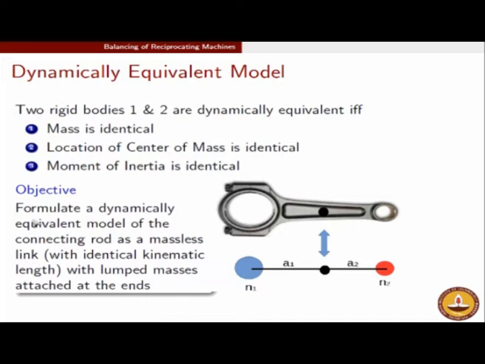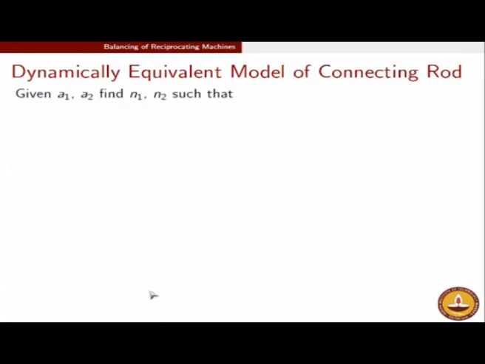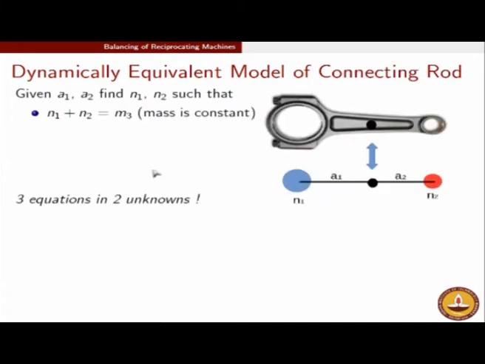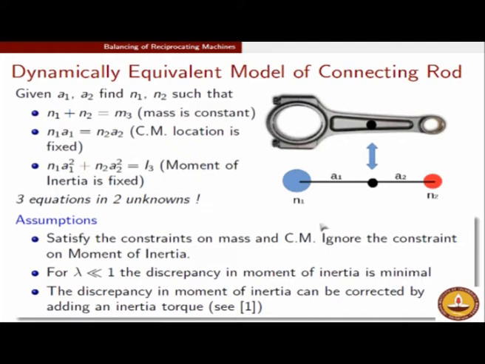So, the objective will be to formulate a dynamically equivalent model of the connecting rod, because we know that the connecting rod is what makes the kinematics complicated. We want to mitigate that problem. So, we will formulate a dynamically equivalent model of the connecting rod as a massless link with lumped masses attached at its ends. So, this is our objective, and with that in mind, let us see what is the condition that we are getting. So, the condition is as follows.